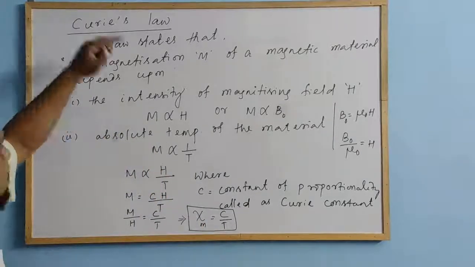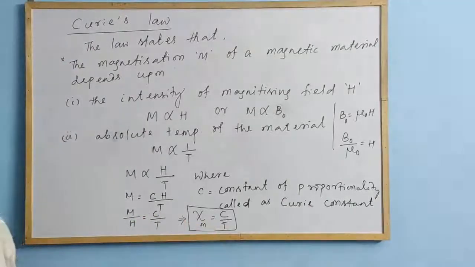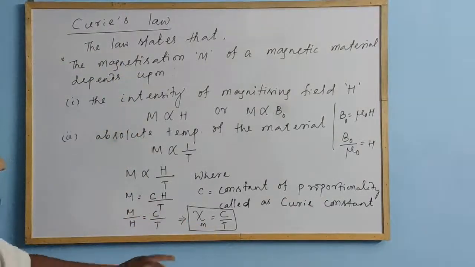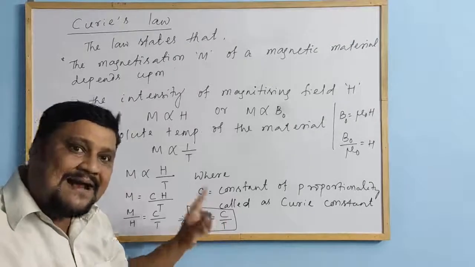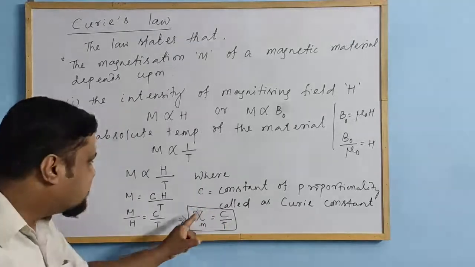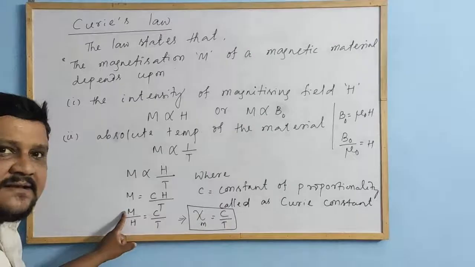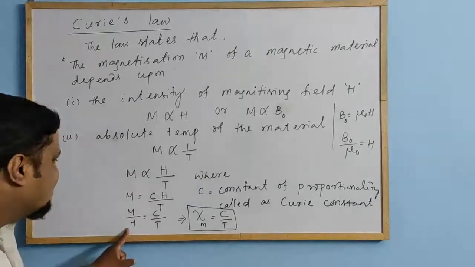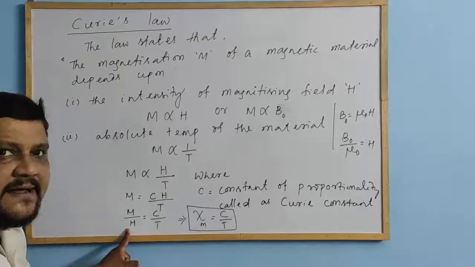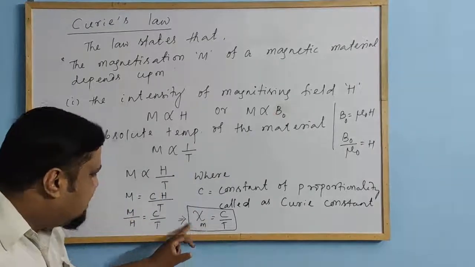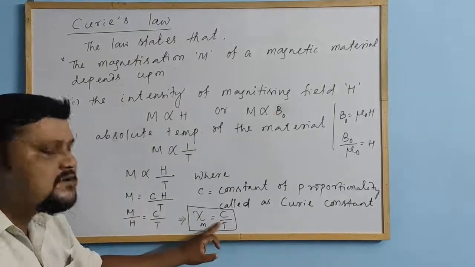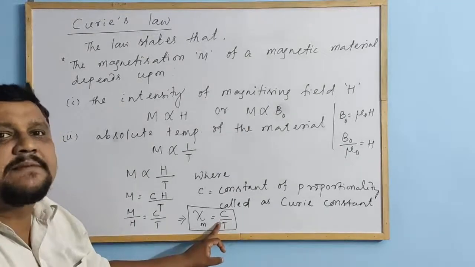So the Curie law can also be stated as: the magnetic susceptibility of a magnetic material is magnetization divided by the intensity of magnetizing field, M by H. So I can say the susceptibility is inversely proportional to absolute temperature.